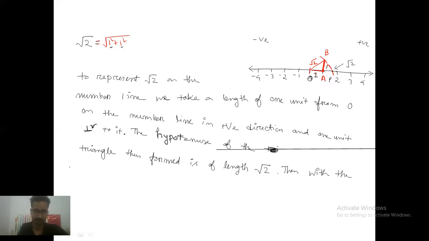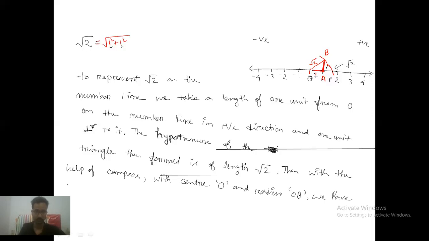Then with the help of compass, comma, with center O and radius OB, we have drawn an arc which cuts the number line at point what?